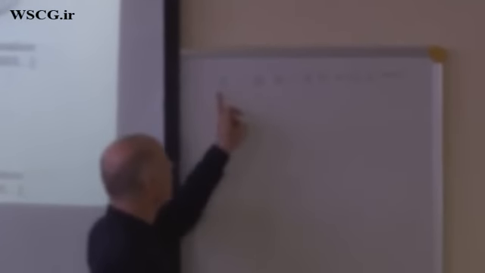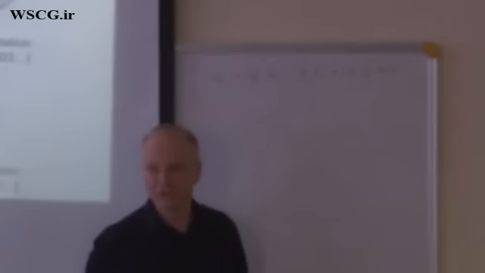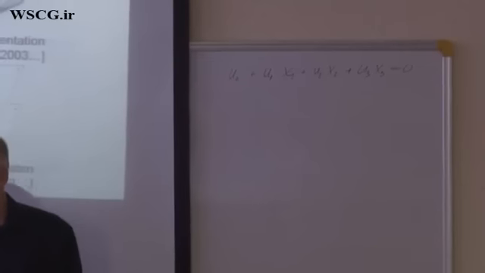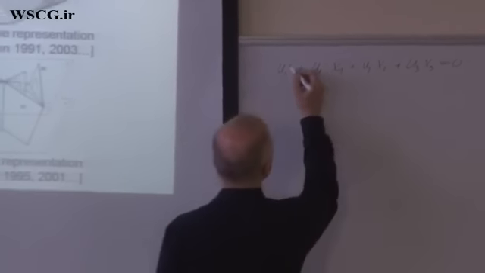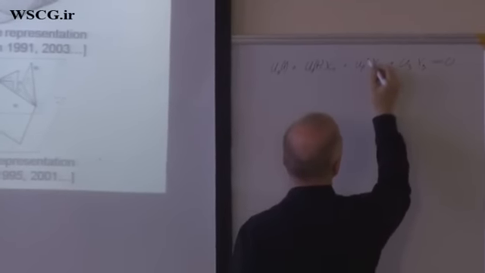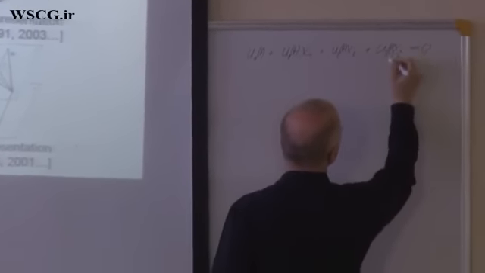This is a plane. Of course, u0, u1, u2, and u3 are given. And if this is a smooth family of planes, then u0 depends on t, u1 depends on t, and so do u2 and u3.